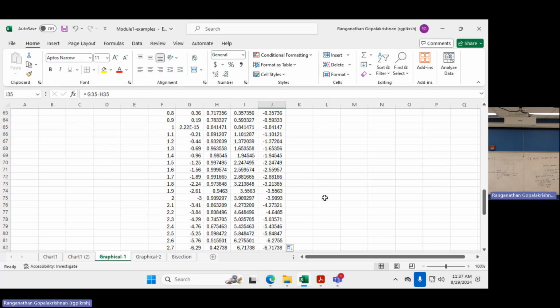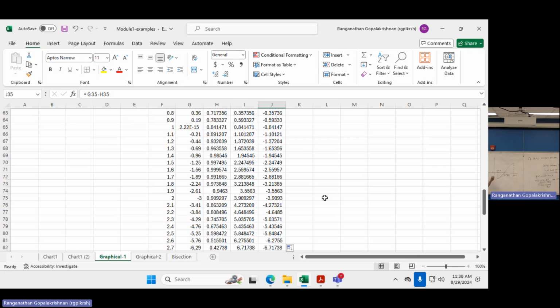So actually, I should have written f of A times f of B, which happens to be, you can do the product, but the point is it's negative. The f of A, f of B product is negative, which proves that you are still containing the root.